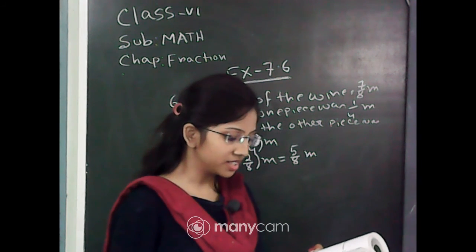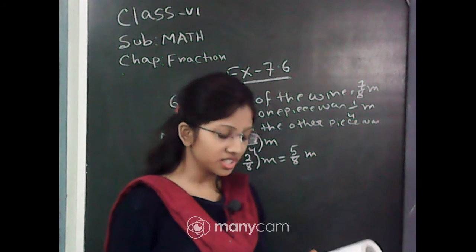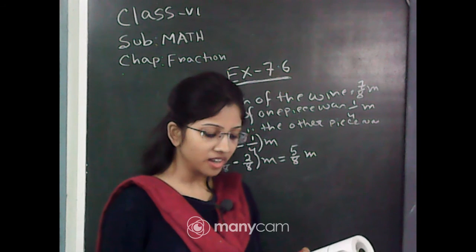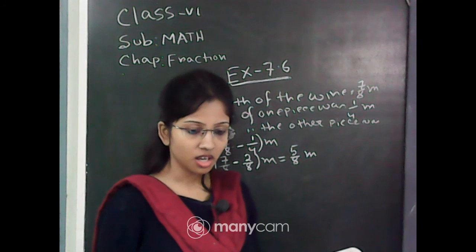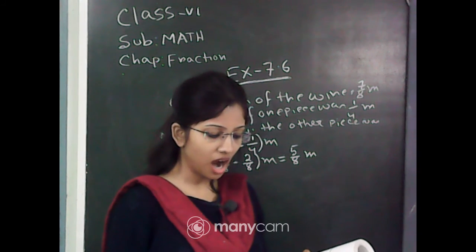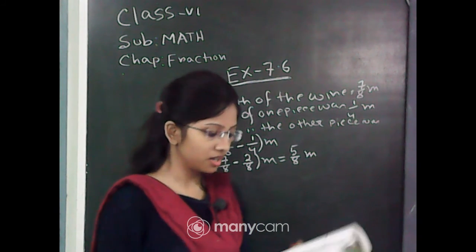Next, question number 7. Nandini's house is 9/10 km from her school. She walked some distance and then took a bus for half km to reach the school. How far did she walk?